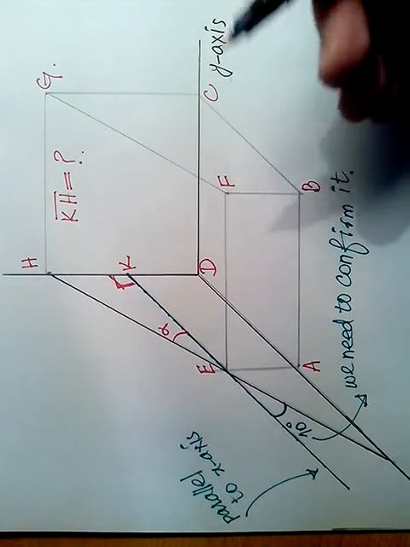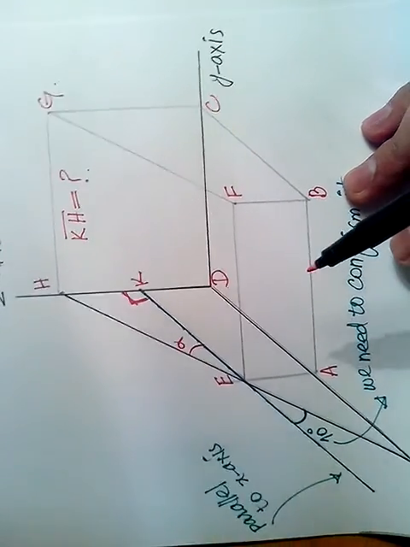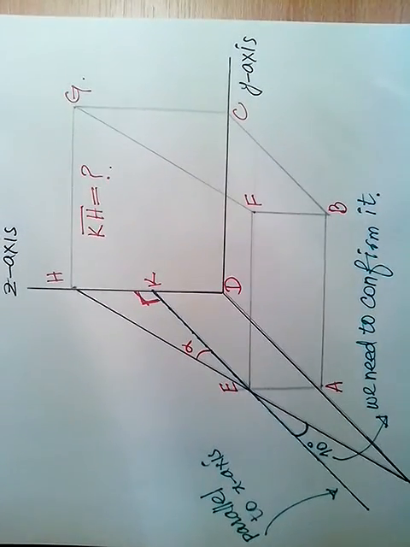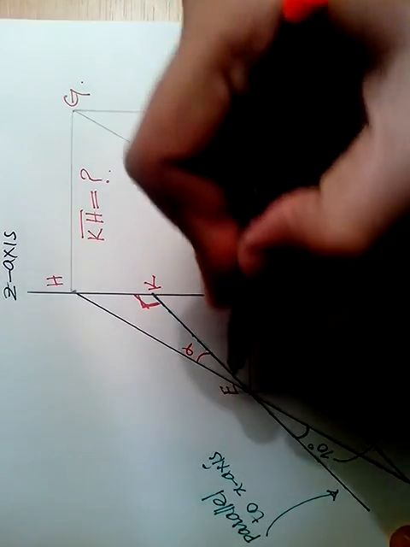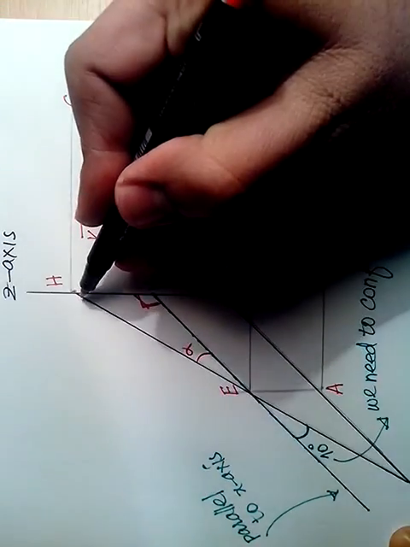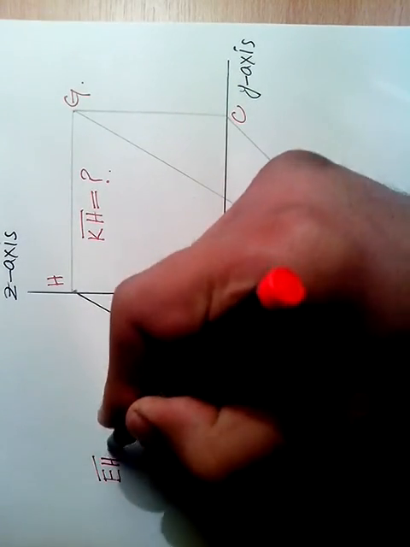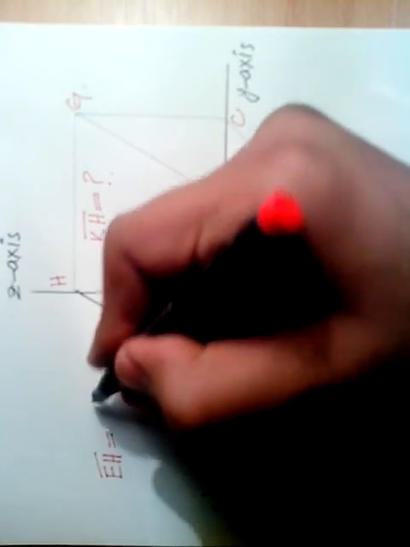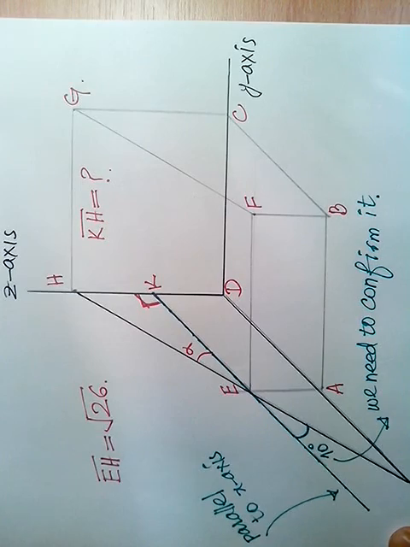But what we know is the length EH. EH we already found, and this is square root of 26.